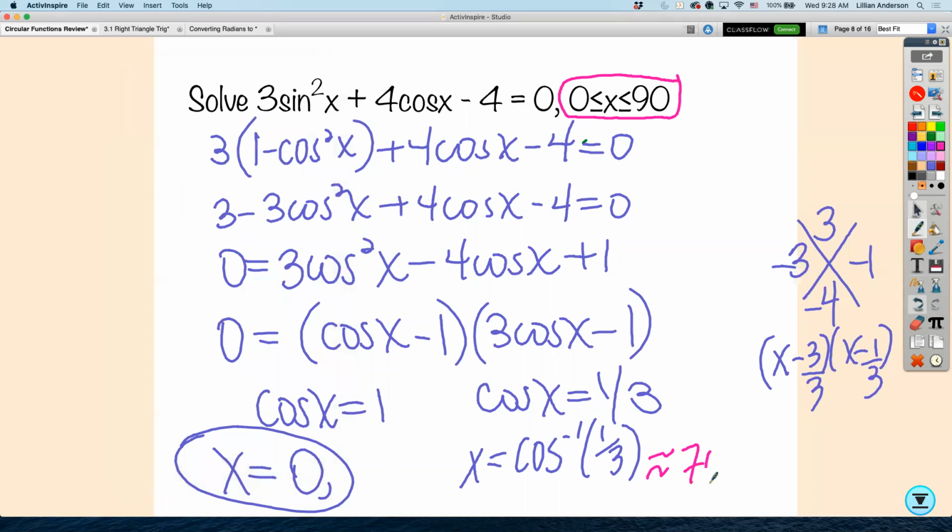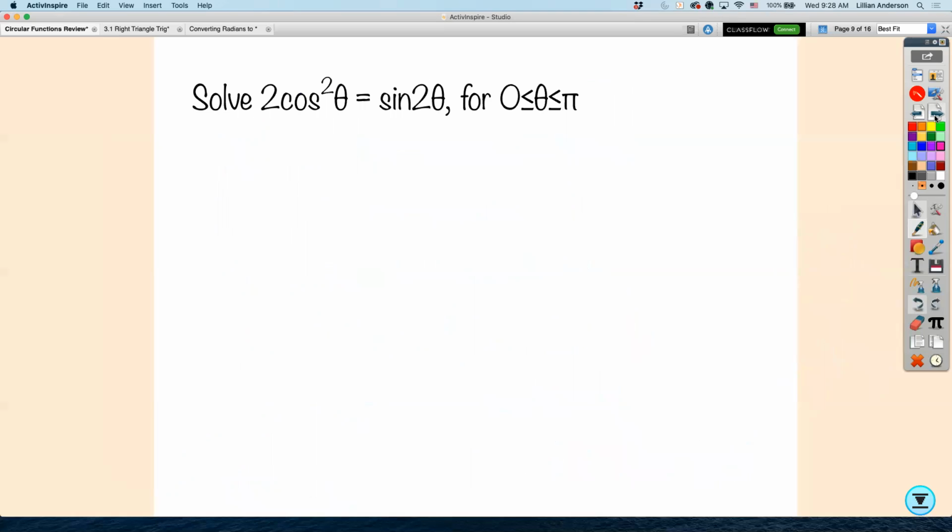Very good. That's also how we can do it in our calculators. Of course, just double check that domain so I know whether I need to be in degrees or in radians. All right, I think we'll have time to do one more. I'll save the one with the bounds for tomorrow's or Friday's class.